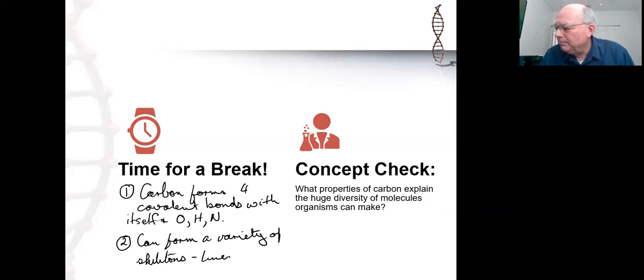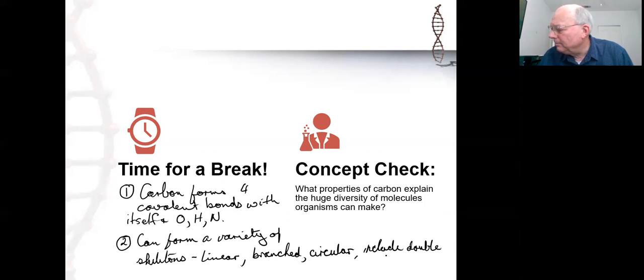Linear, branched, circular, include double bonds. So it's this variety of skeletal structures that also add to the diversity.